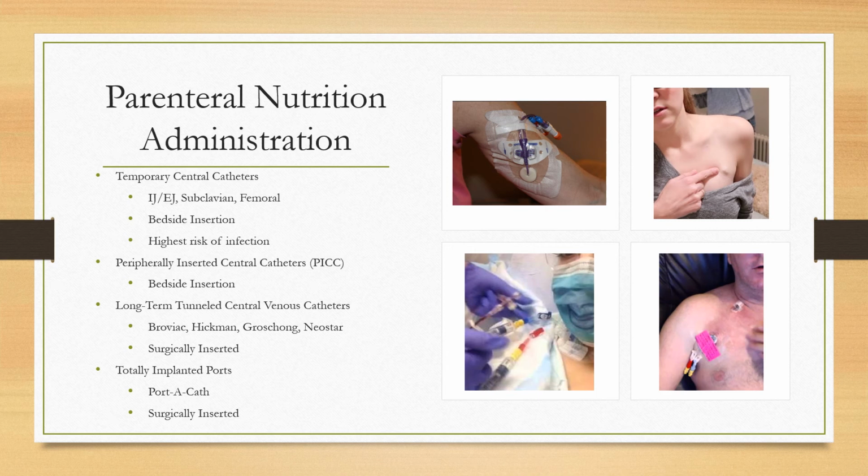So if someone were to be on TPN for prolonged periods of time, it would typically be either a PICC line, a peripherally inserted central catheter, or one of the long-term central venous catheters, such as a Hickman catheter, or a portacath can be implanted in the chest. Okay, I won't go into too much detail on this slide.